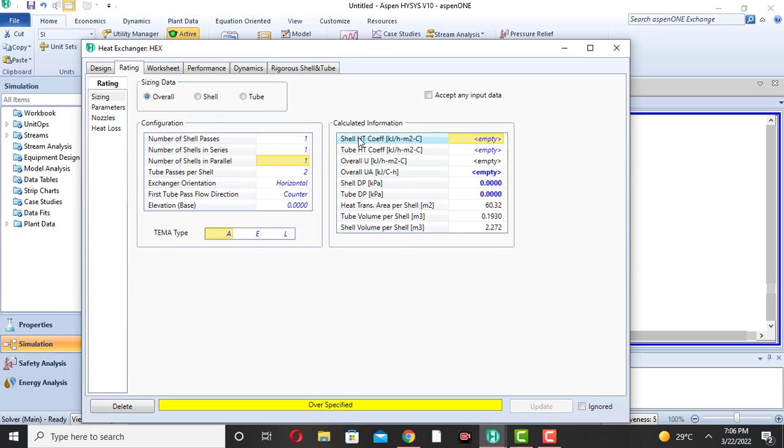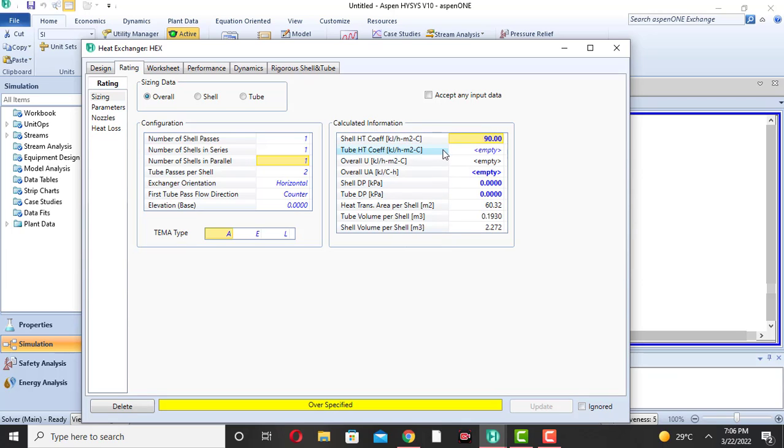Now this is the shell heat transfer coefficient. The shell side heat transfer coefficient is 25 watt per meter square Kelvin.